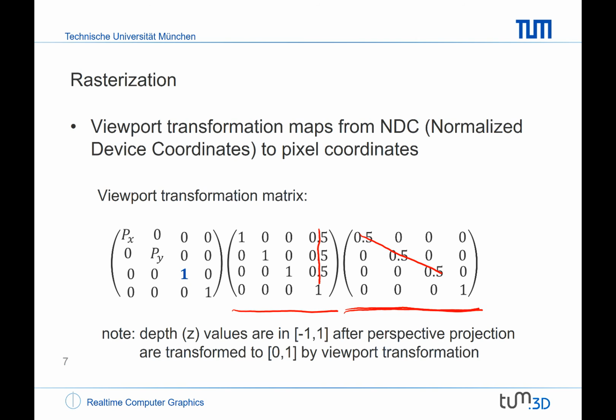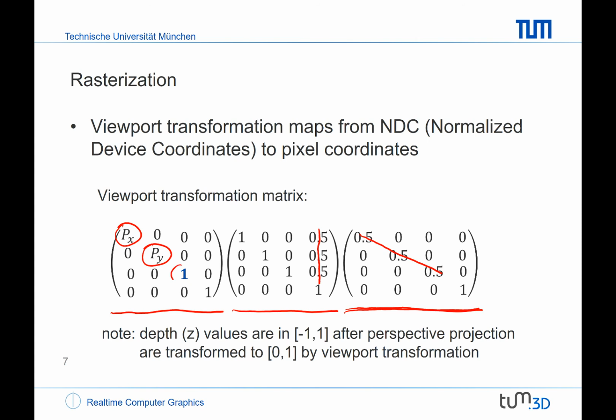And now that you have everything from 0 to 1, you perform the last transformation, and you see now this is just a scaling by px and py. These are the size of the viewport along the x and the y axis, meaning that you now scale everything from 0 to 1 to 0 to px minus 1 along x and 0 to py minus 1 along the y coordinate.